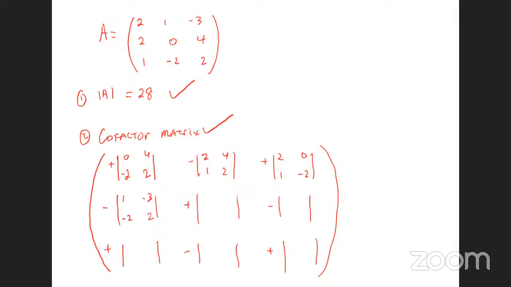Next one, zeros. Cancel off the row and column. That'll be 2, minus 3, 1, 2. Check it back and make sure, yeah? As I said, generally, here's where you make the mistakes in a question like this, right? Next one, cancel off the row and column the 4 belongs to, and you'll get 2, 1, 1, minus 2. Next one, it'll be 1, minus 3, 0, 4.